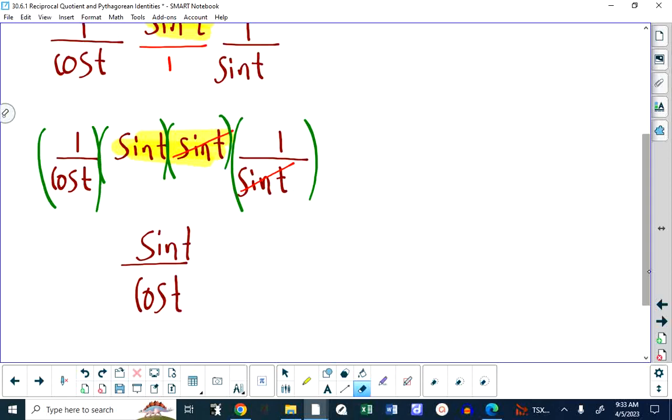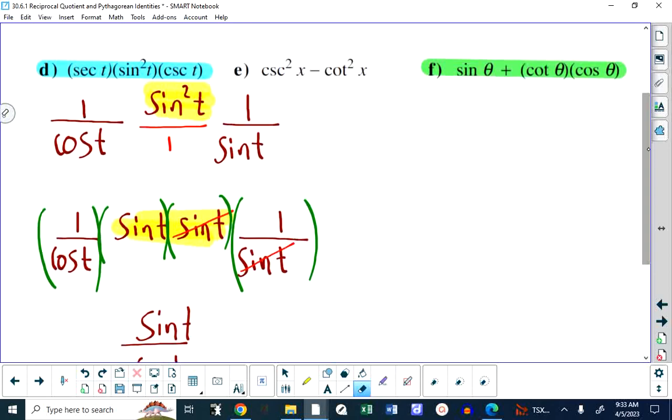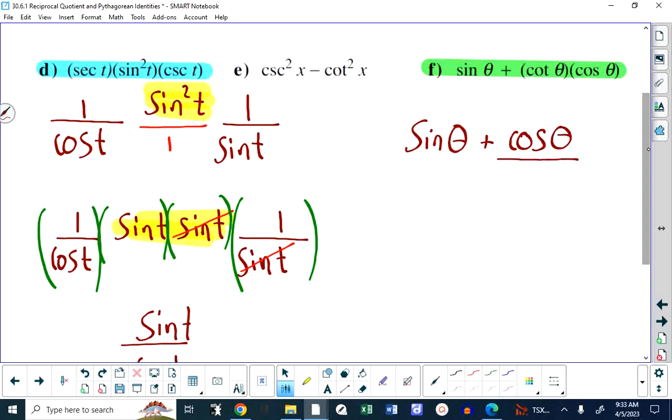Now I know that you didn't ask about f, but let's talk about f here. If I were to replace everything with sines and cosines, this is what I get. Because the cotangent is cosine over sine, and then it's multiplied by another cosine.